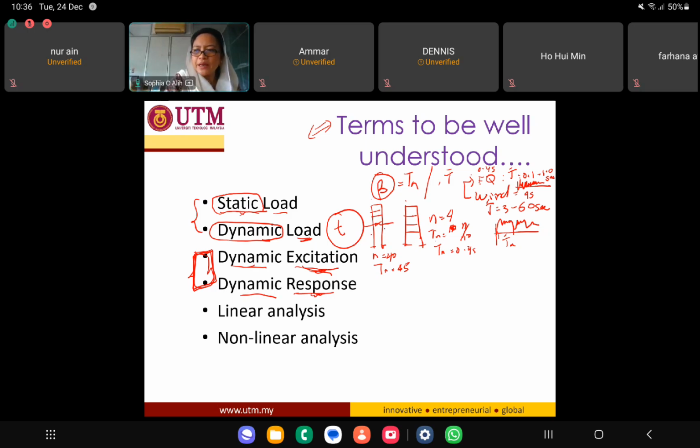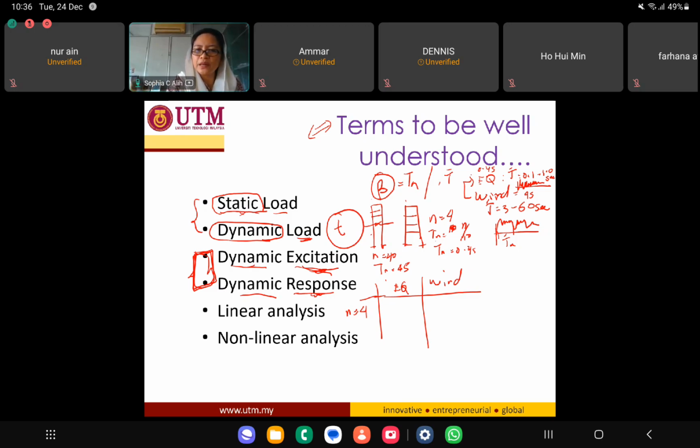Now if I have my structure, the first one, the short building, first I impose it with the earthquake. So this one is earthquake excitation, this is the wind, and this is my structure, n equal to 4.